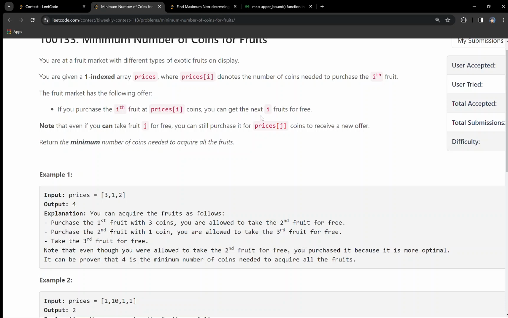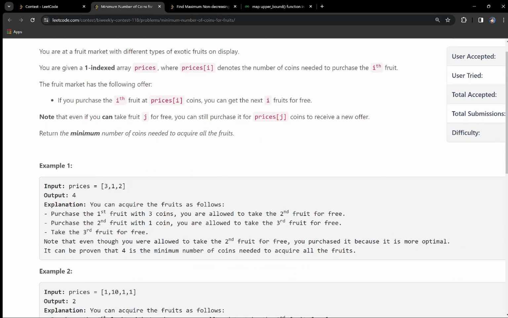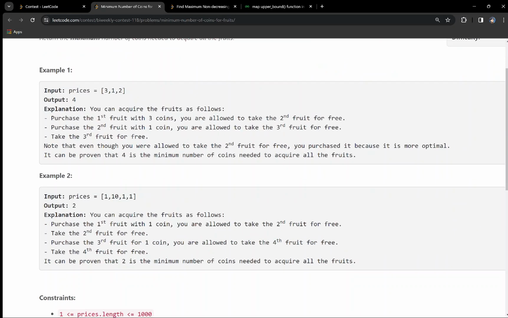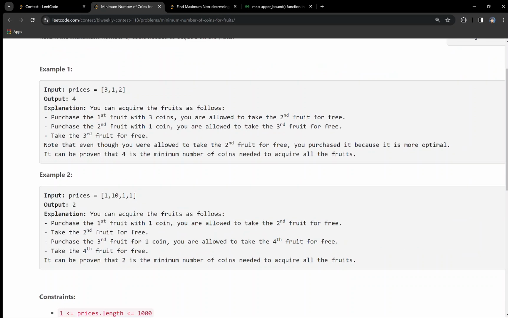Next, i fruits is that. Okay, so anyhow we have to purchase the first. Now we have two options, whether to jump here or jump here.